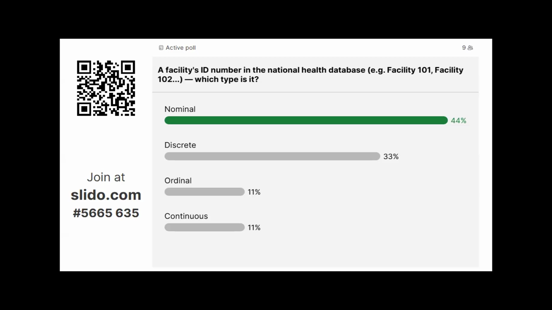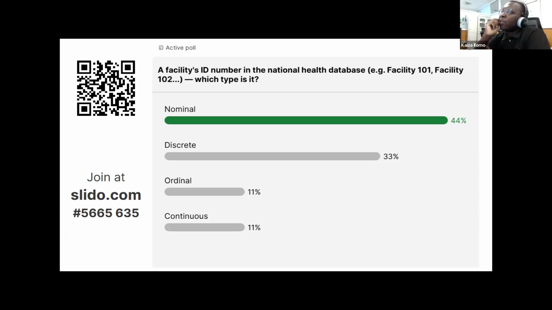We're not ranking according to the quality of the facility, we are only identifying that this is the given facility with this ID. Great. Thanks, Lembris.